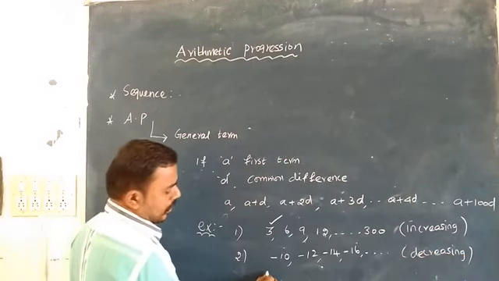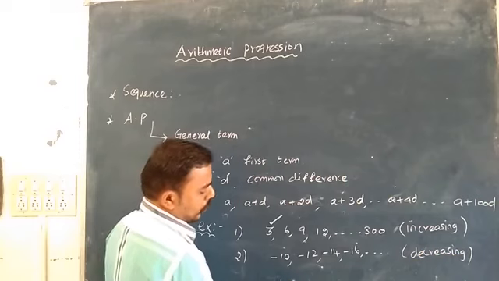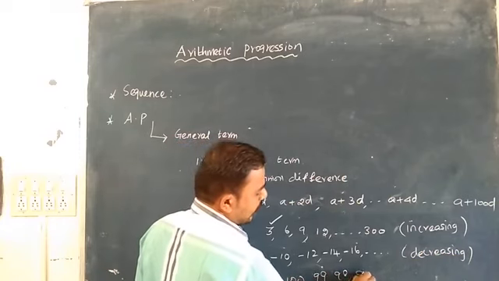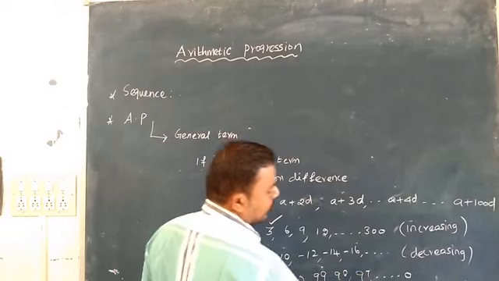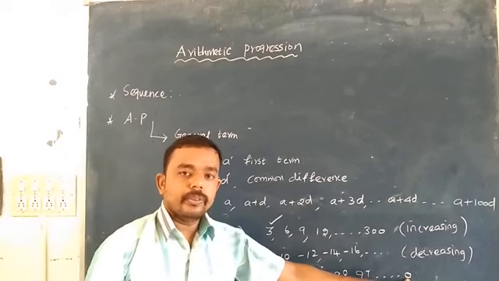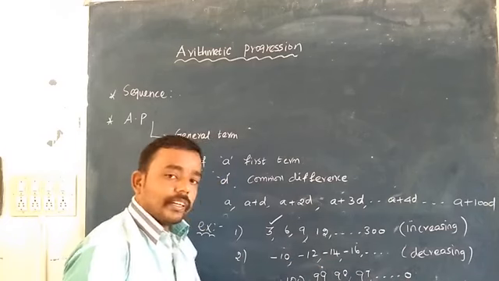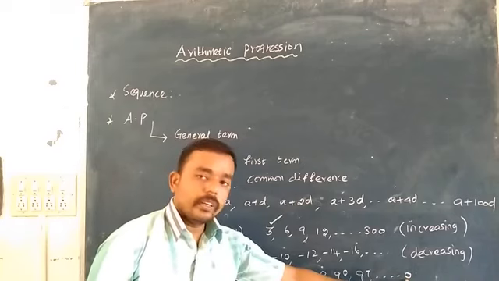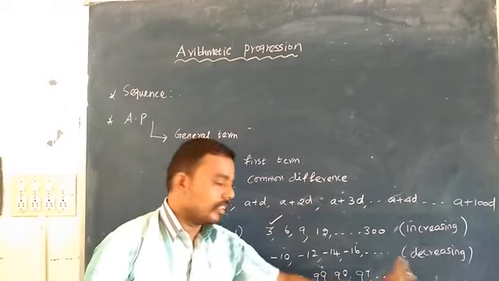In the same way, suppose another example: 100, 99, 98, 97 and so on up to 0. So the first number is 100, the last number is 0.